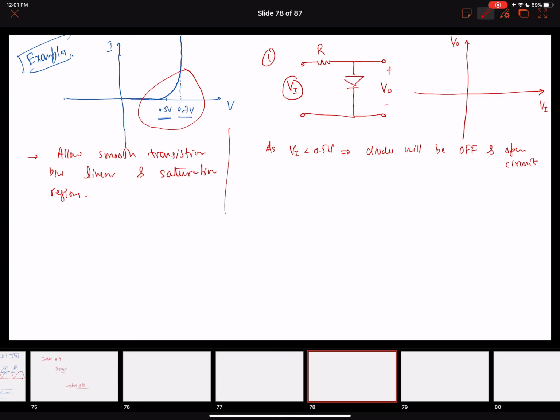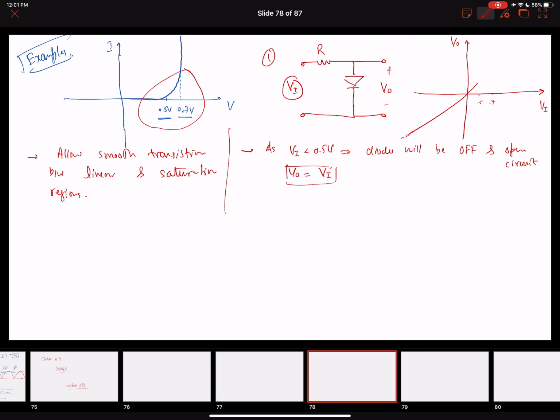Since the diode is off and open circuit, this means that my V0 will be equal to VI. Approximately, let's say it is around 0.5, around 0.7, just putting down the values here. So for almost this entire region, for all the negative values of VI, it is going to remain linear, and this will continue.